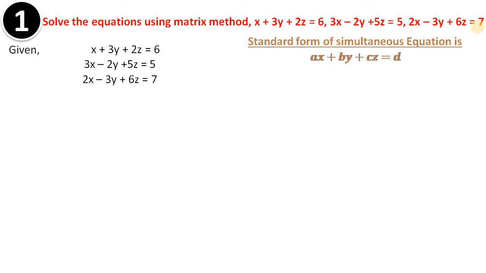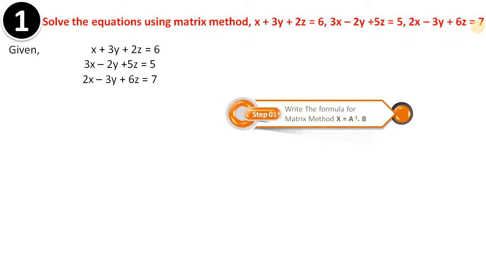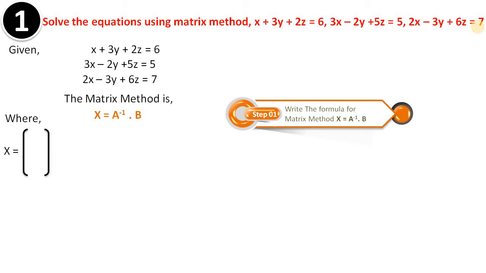So what is step 1 to solve simultaneous equations using the matrix method? It is to write the formula for the matrix method, which is X is equal to A inverse into B. Matrix X is known as the matrix of unknowns. So the unknowns are x, y, z, whose values we are supposed to find at the end of this example.